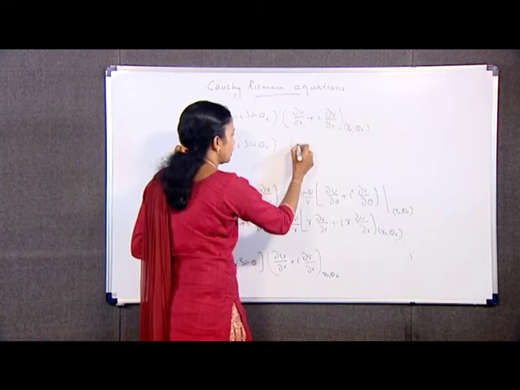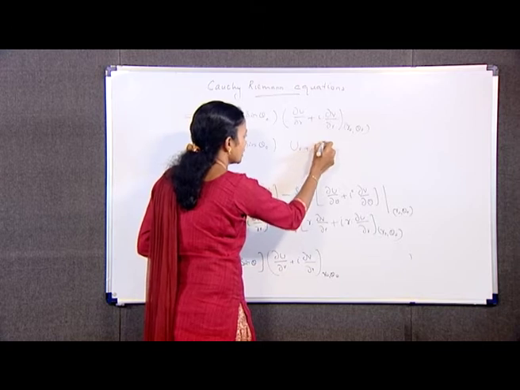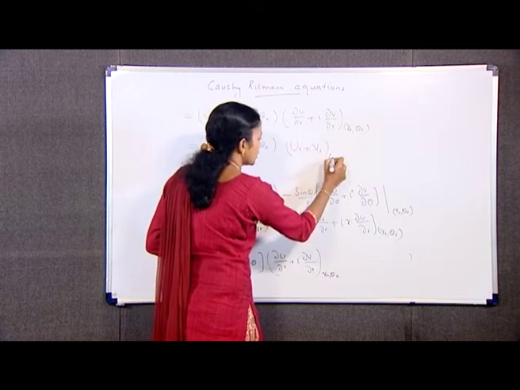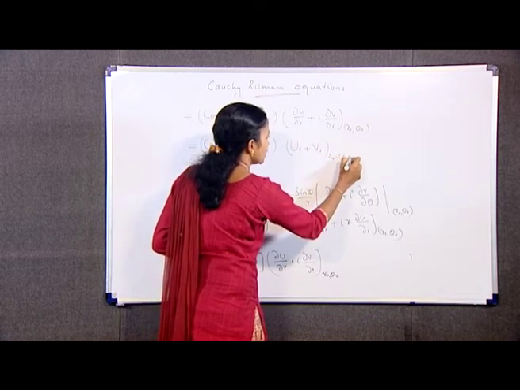This is u r plus v r at the point z naught is equal to r naught theta naught.